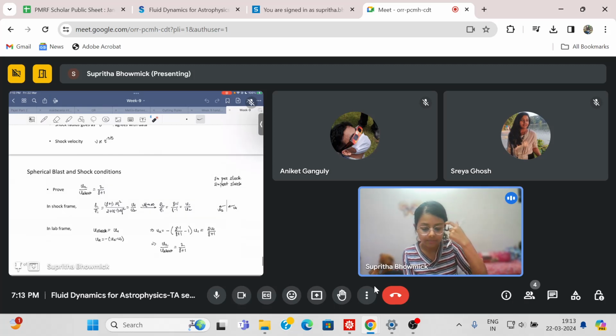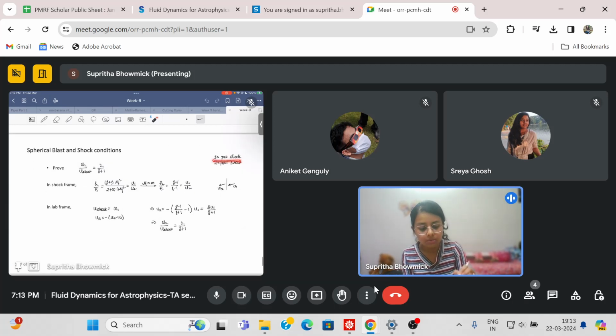Okay. Now we'll prove a few conditions that were left as exercise in the lectures. So let's say 1 denotes pre-shock conditions. If this is the shock front, right?